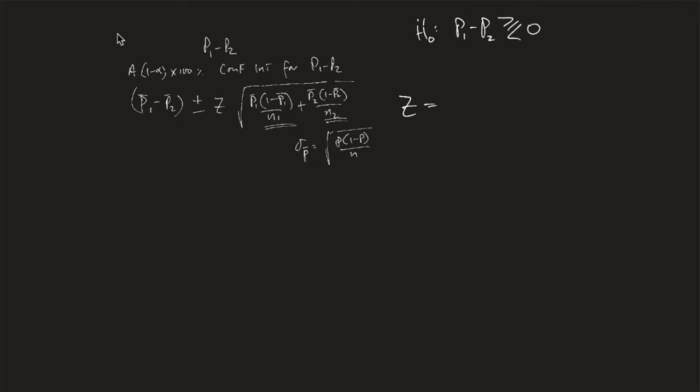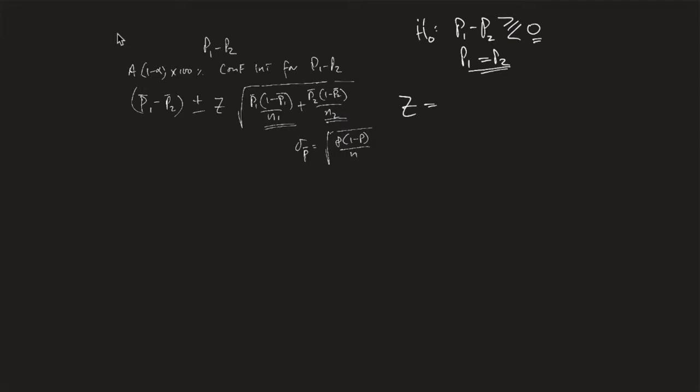I'm putting all three there. The important thing is that we have 0 in the null hypothesis. If we have 0 in the null hypothesis, when we go to do the test, it would mean that P1 is equal to P2, right?